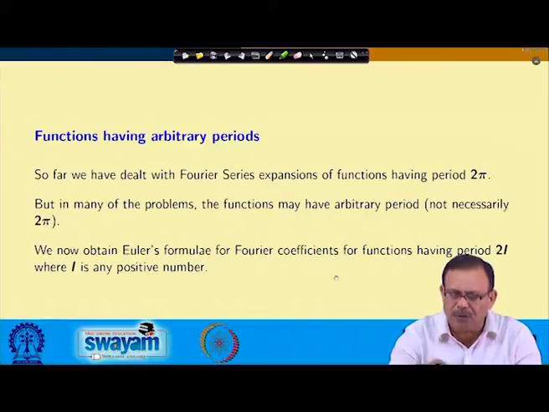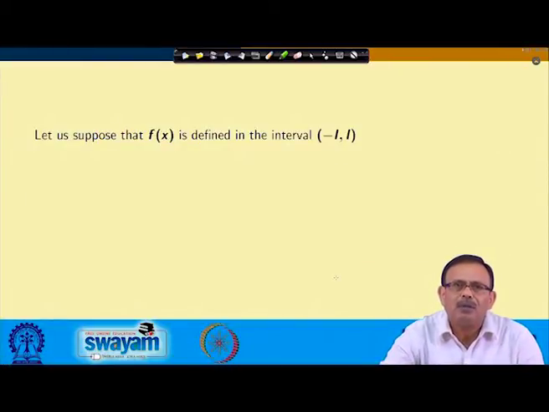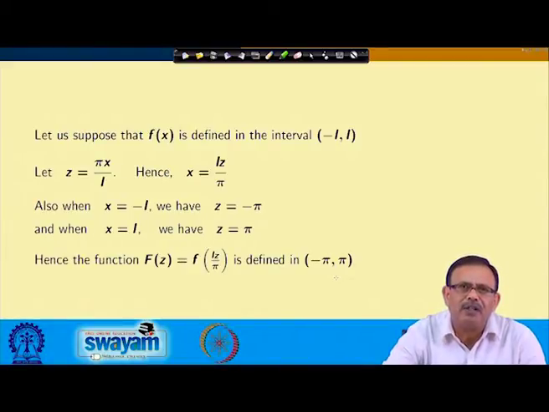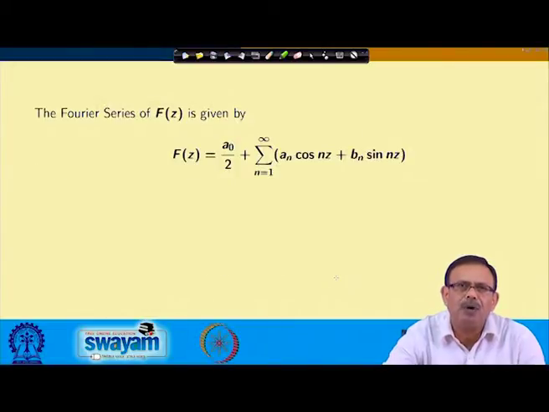So, just as we have told here, we are making z equals pi x by L, so that x equals L z by pi. When x equals minus L, we have z equals minus pi. When x equals L, we have z equals pi. So, now we are redefining the function in minus pi to pi as a new function capital F z equals f of L z by pi, and we know that F z can now be expanded in terms of Fourier series, which is known to us.